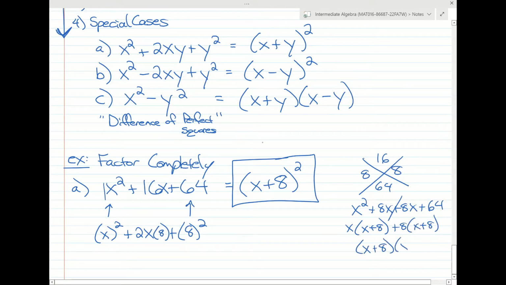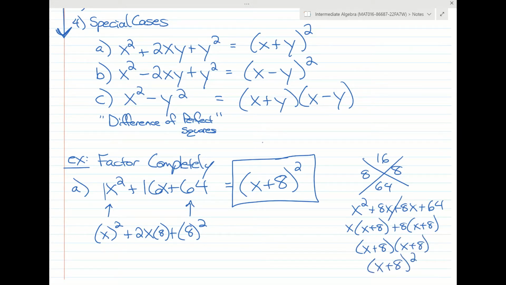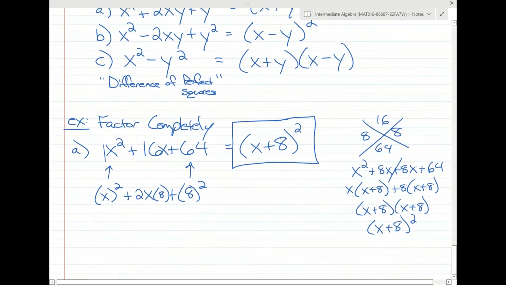X plus 8 times x plus 8 is the same thing as x plus 8 squared. But doing this shortcut, we were done in 10 seconds. This other technique still works, but obviously it just takes a little longer. The key is the first and the last term: are they perfect squares?